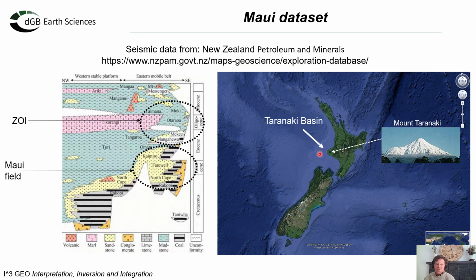The interval of interest in our analysis is somewhat above the actual Maui field, which lies in the Sinareft sequence. Our target is somewhat later in time and is a marine channelized sequence. A little fun fact, please note the presence of the Mount Taranaki stratovolcano in the onshore part of the basin, a not very common sight in most petroleum provinces, and a beautiful prominent mountain.